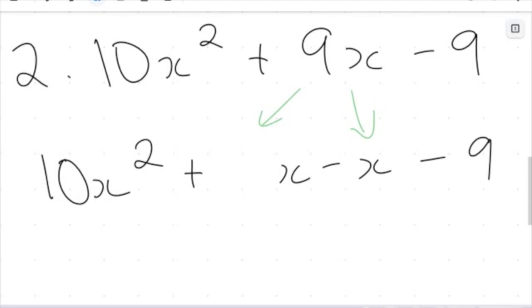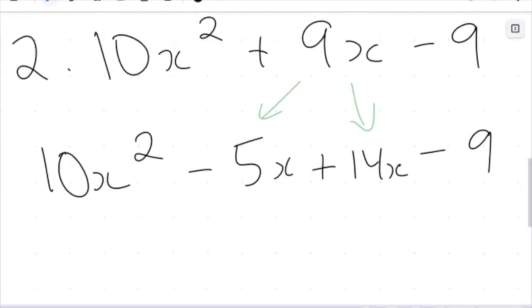So what if I try another one? What if I take 10x and I go, let's say, I don't know, minus 5x plus 14x.